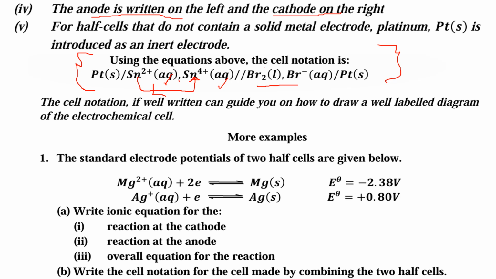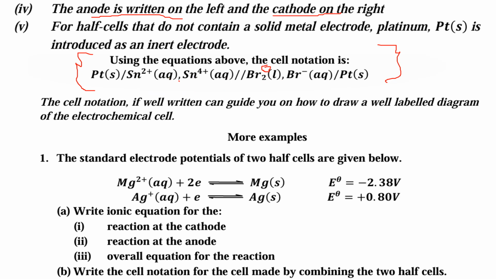So here bromine goes from oxidation state of 0 to -1, which implies reduction, and this is the reaction taking place at the cathode. We separate the two components using a comma because liquid and aqueous exist in the same liquid state. So we don't use a straight vertical line, but rather a comma.